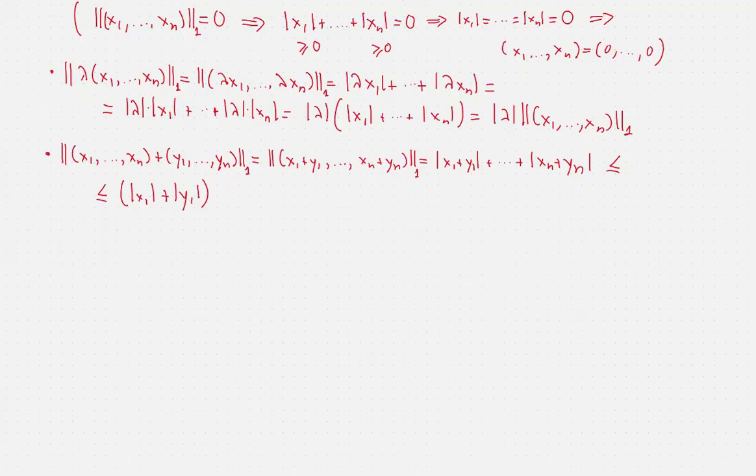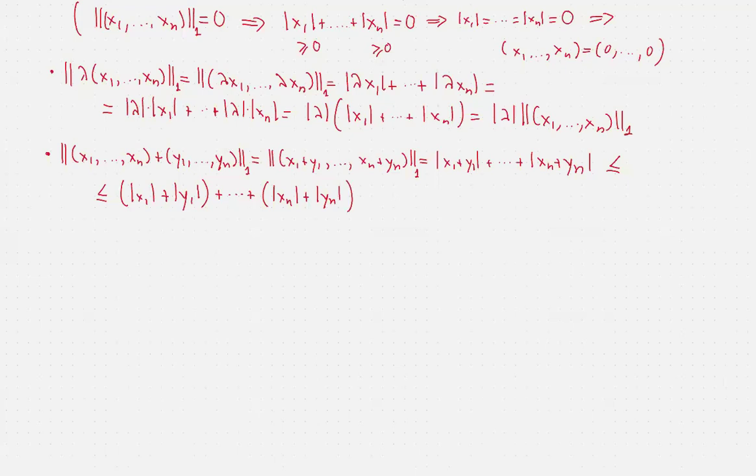But the bottom line is that once you believe that inequality for absolute values, then it's immediate to get it for the norm that we just defined, or what we claim is a norm.